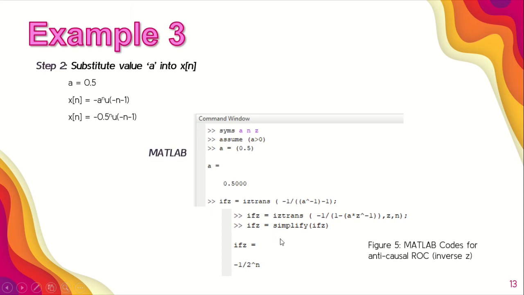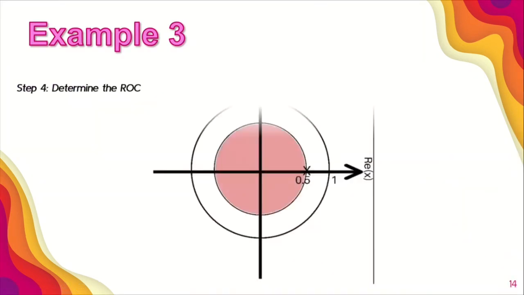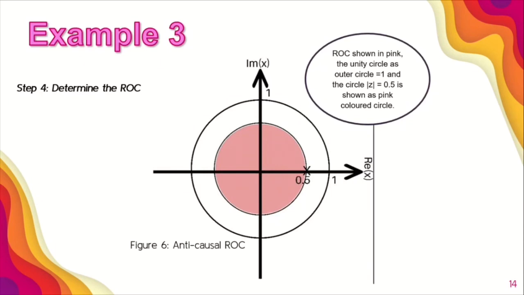So after that press enter, and we will get the answer back, which is negative 1 over 2 to the power of n, or negative 0.5 to the power of n. That's all. As shown in figure 6 is an anti-causal ROC. By using the infinite geometric series, the equality only holds if |0.5^-1 z| is less than 1, which can be rewritten in terms of z as |z| less than 0.5.